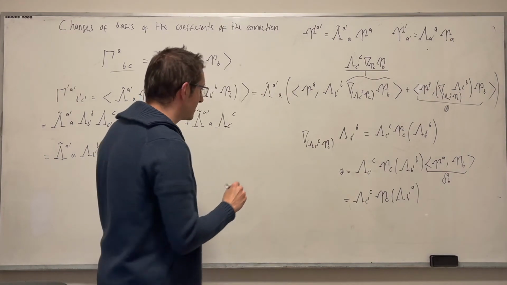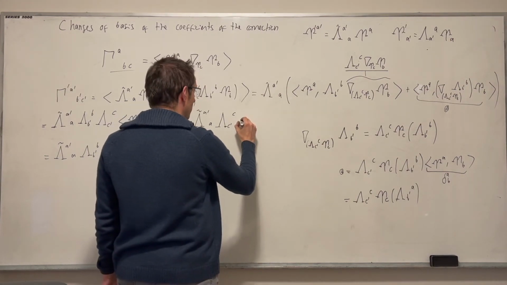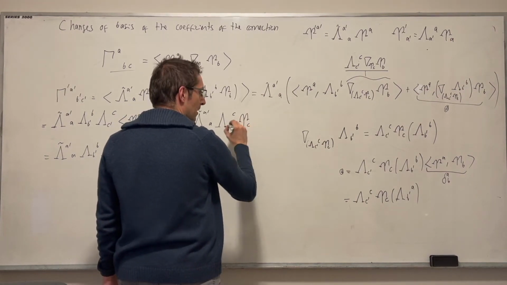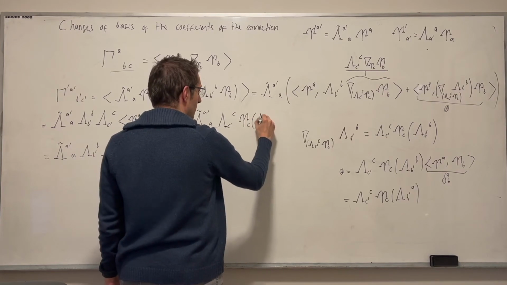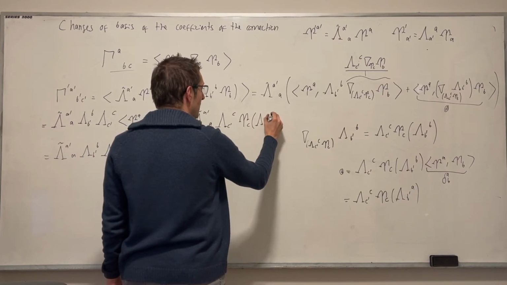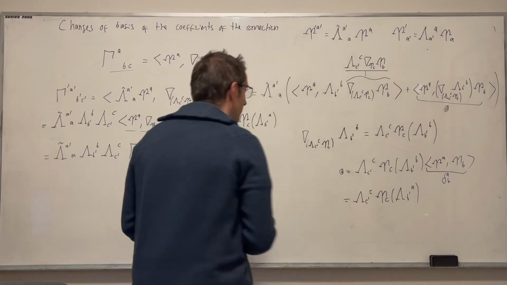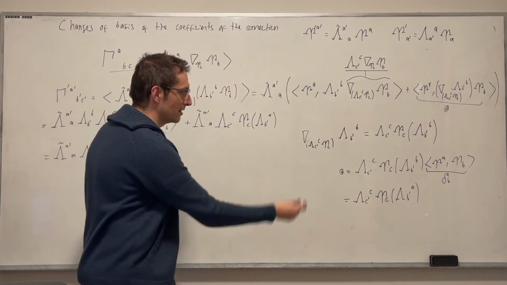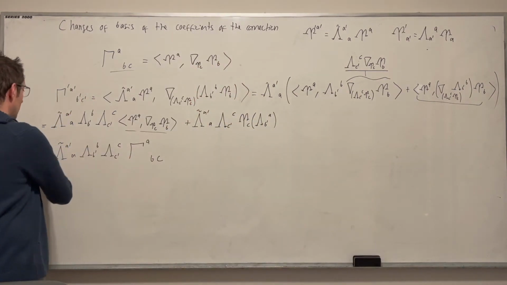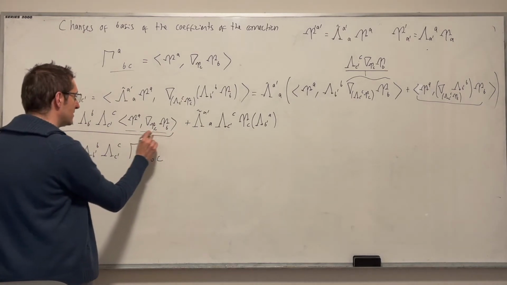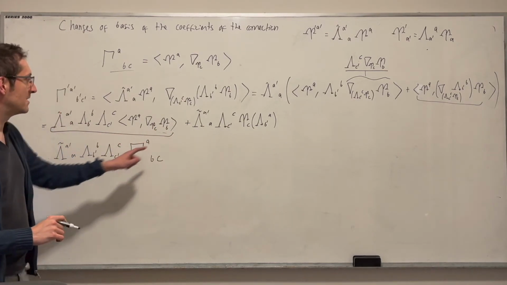And then I get the action of the vector epsilon c on the lambda b prime a. All right, and I can erase this garbage now, so I don't need it anymore. And then we know that this thing is this, right? And this thing is an extra term.